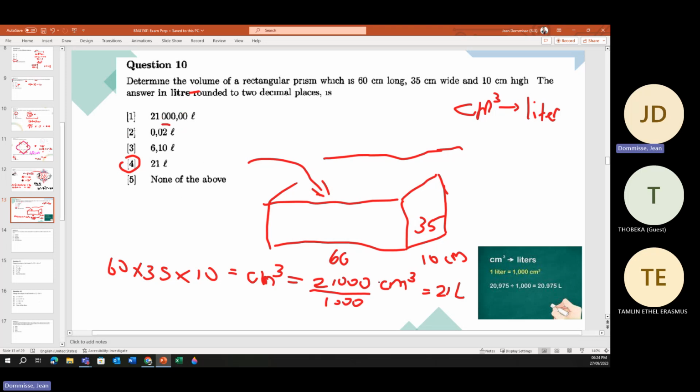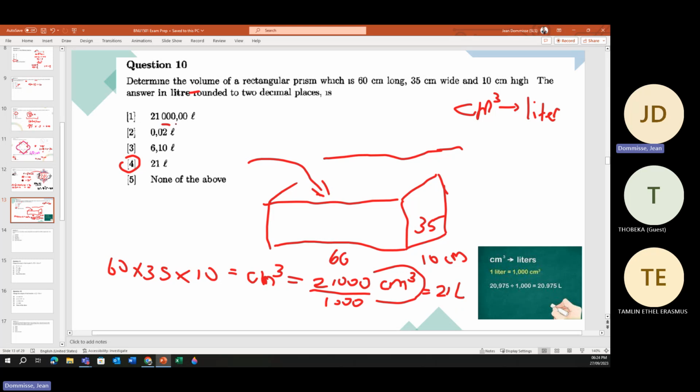So just be careful that if we just worked out the total volume, we would have gotten one of the answers, and that is why I automatically added the cubic centimeters to the answer, so that we need to say, okay, but I've got cubic centimeters, and I need to transform the cubic centimeters into liters.